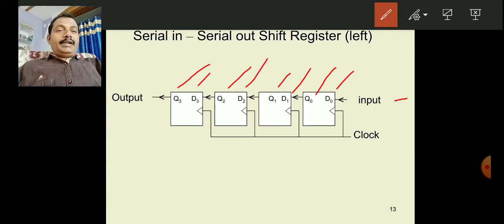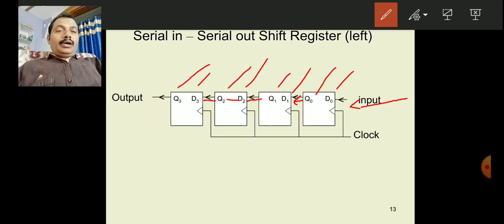Input is applied at the D0, and each flip-flop output is connected to the next flip-flop input. You see, Q0 is connected as input to D1. The output of one flip-flop acts as input to the next flip-flop.